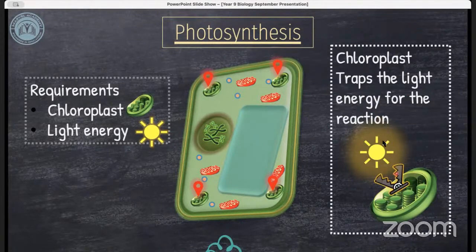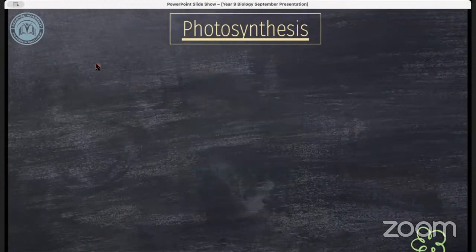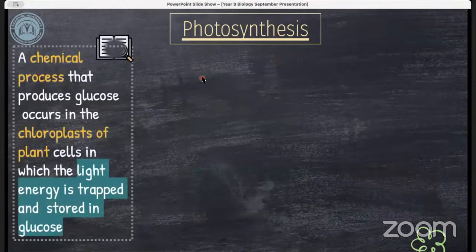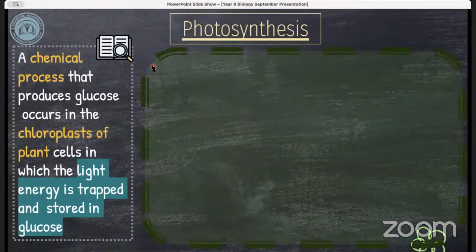It just traps the sun's energy and stores it, right? Okay, right. Then let's see the definition of photosynthesis. So why is this mark there? You have to know that definition. So actually, it is a chemical process that produces glucose.